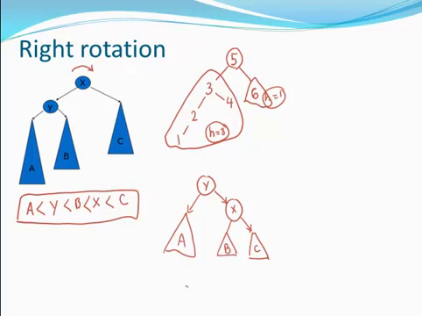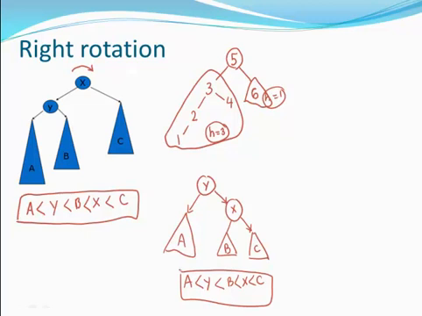Now if you do that, our order invariant is still satisfied. So we maintain a binary search tree, but we hope this new tree has better height information.